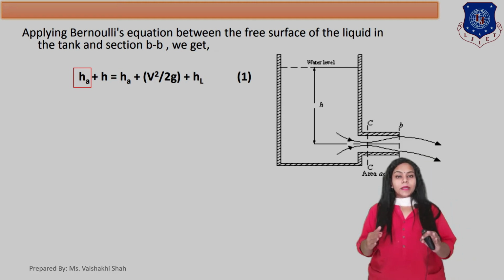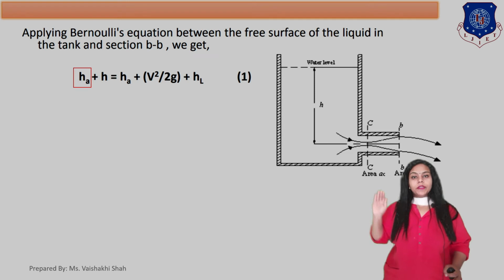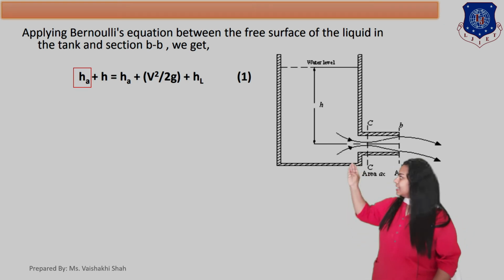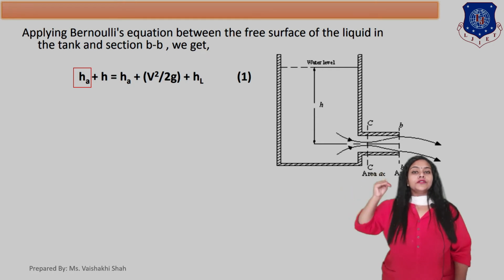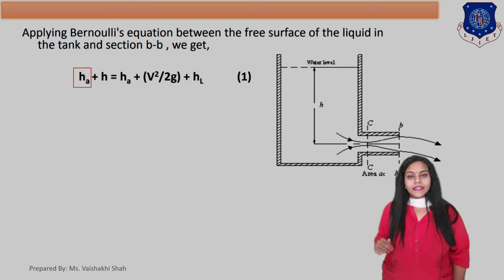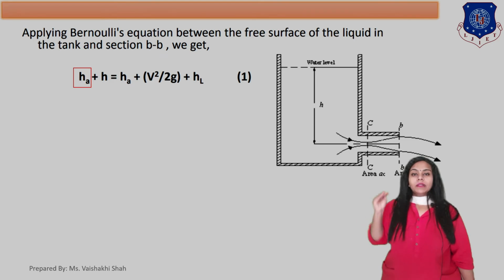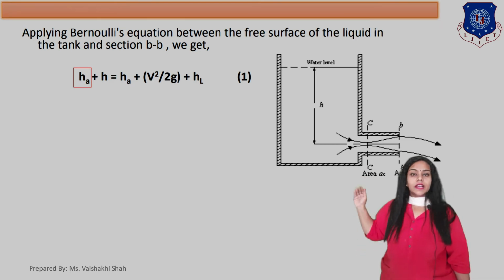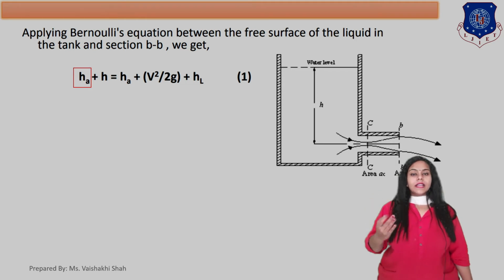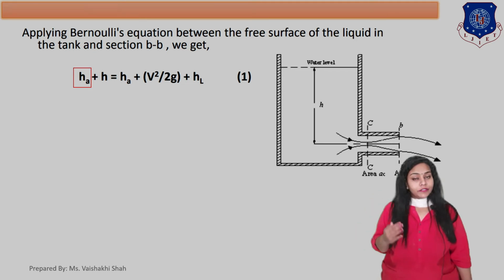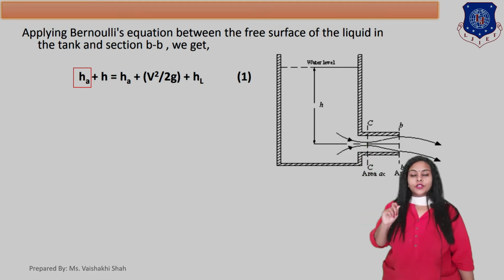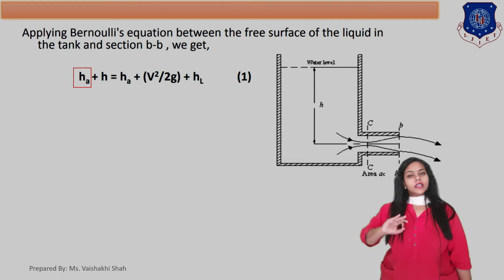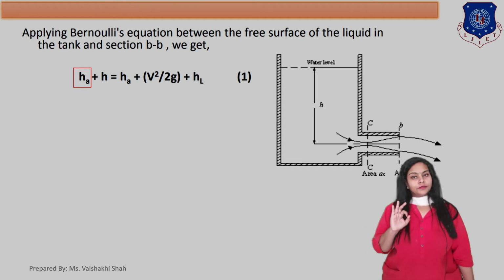We know that P by rho g is H. Now, the second term is V1 square by 2g. The velocity at the free surface is 0, so V1 square by 2g equals 0.